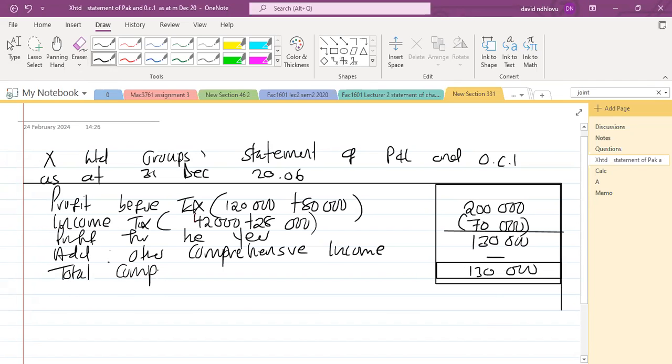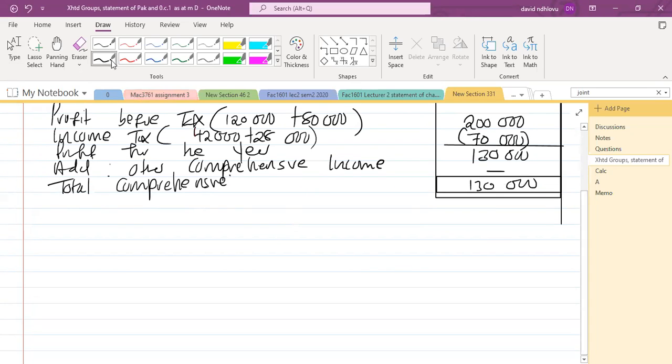When you have total comprehensive income, remember you combined without any adjustment these two companies' profits. You need to subdivide them. So you say attributable to. You need to share that profit between the parent and the subsidiary.